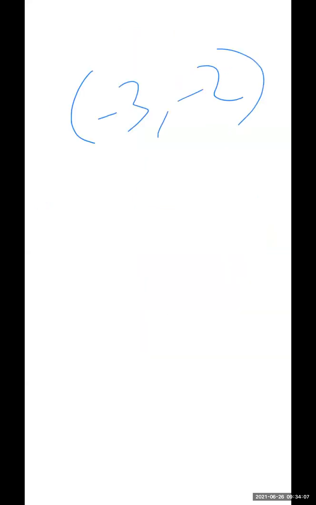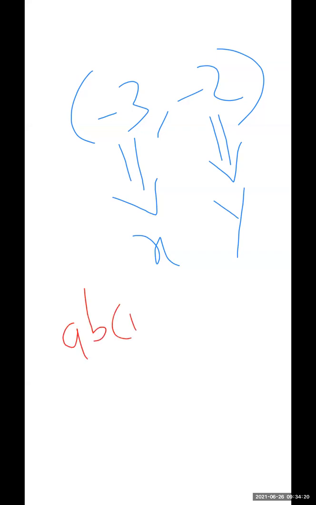So which is the abscissa and which one is the ordinate? So this is the x value and this is the y value. The x value we call abscissa. Okay students, and the y value we call ordinate. Now clear?